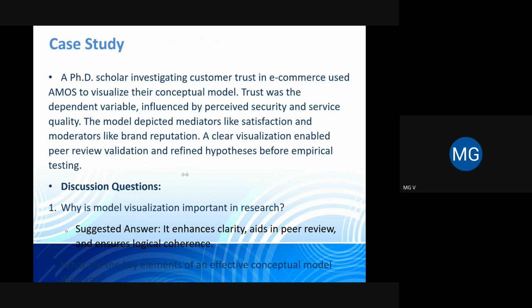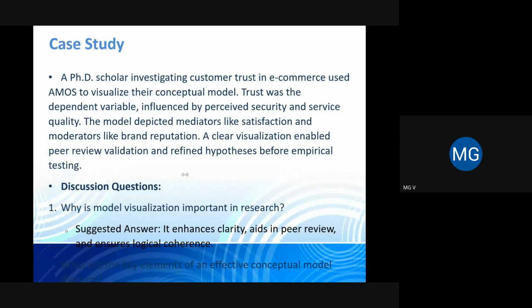So, why is model visualization important in research? You can add more to what you can see.